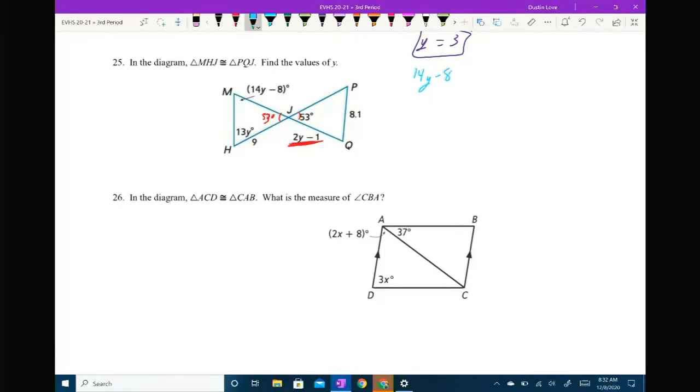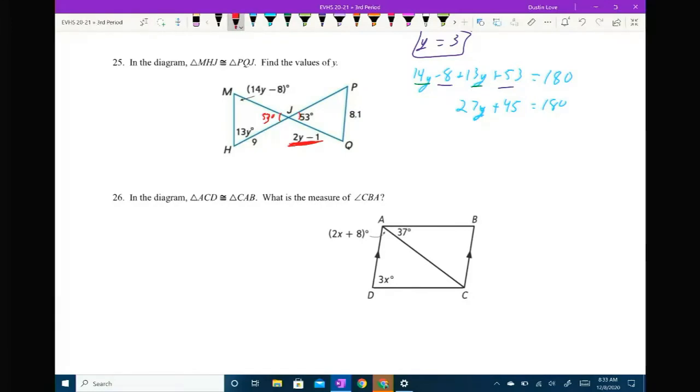14y minus 8 plus 13y plus 53 equals 180. Let's go ahead and combine our like terms here. 14y plus 13y is 27y. 53 and negative 8 make a positive 60. Nope. Sorry, 45 equals 180.